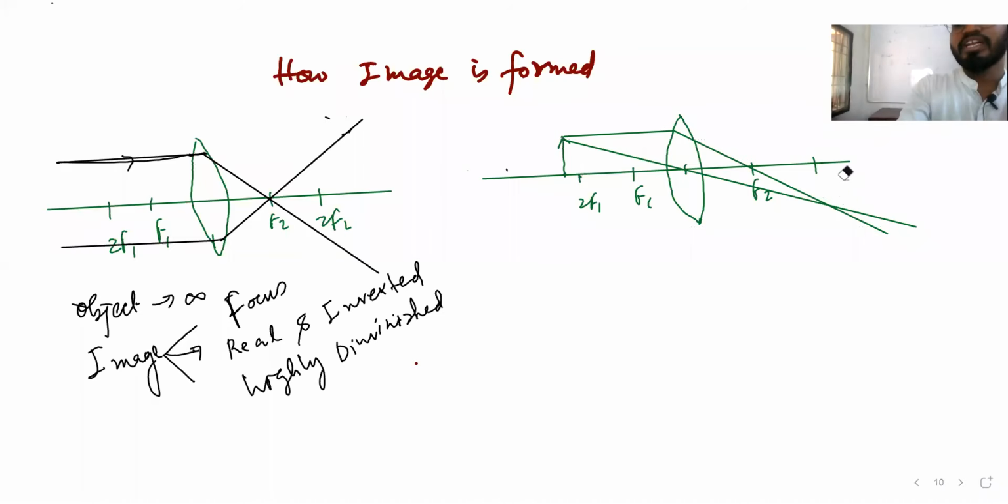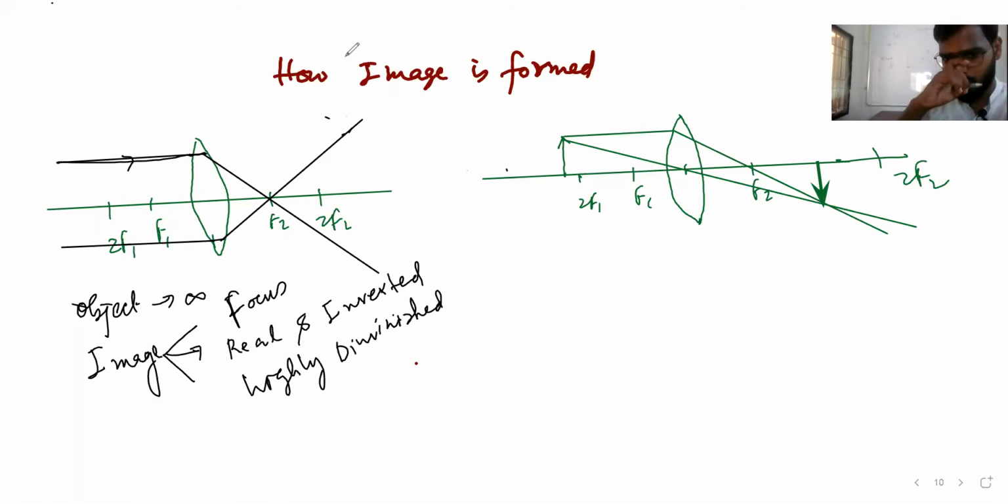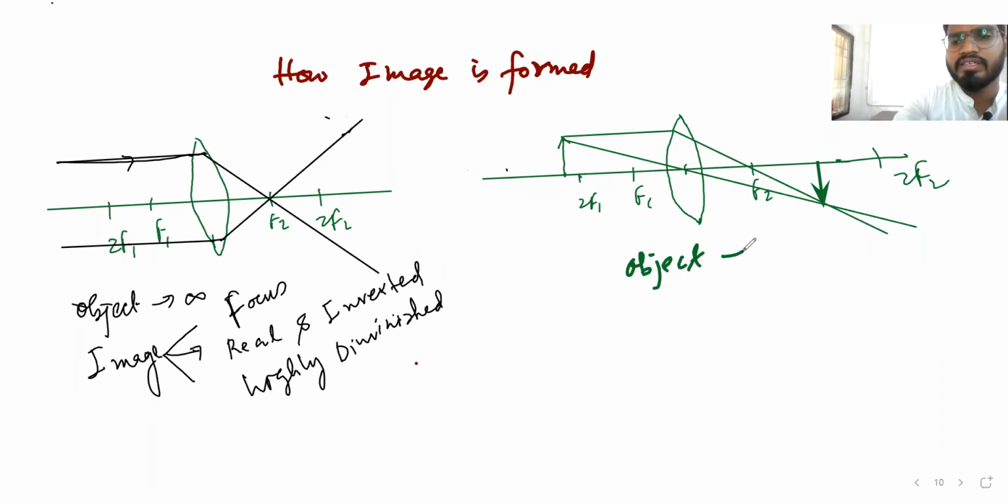So what we can do, let's displace this a little, otherwise we will not get the image. 2F2. So the image we are going to get here, this is the image, right? Now what? The object is beyond focus. The image will form.